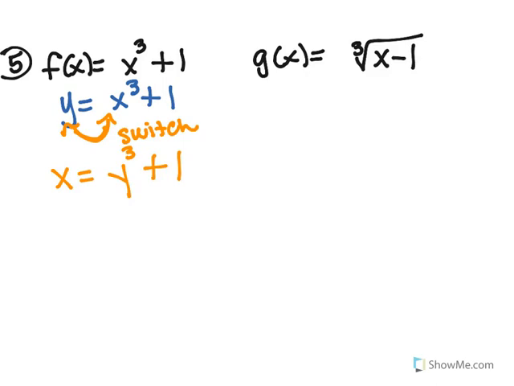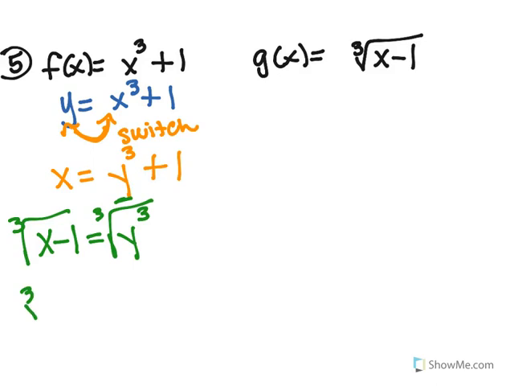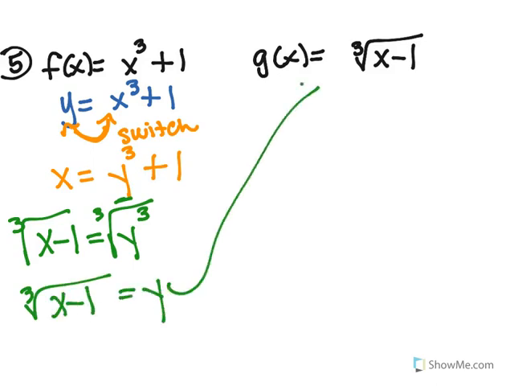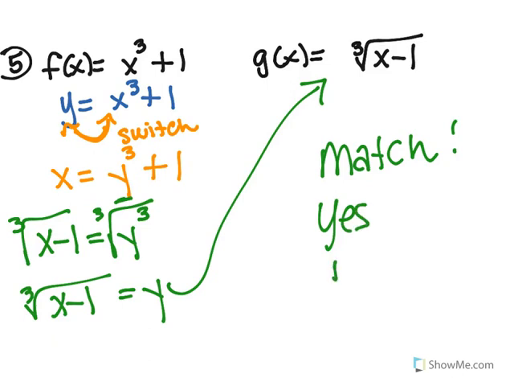And I'm going to solve for y in its new place. So I'm going to subtract 1. And then in order to get rid of the cube, I take the cube root. So that's going to give me the cube root of x minus 1 equals y. And I look, they match. So yes, they're inverses.